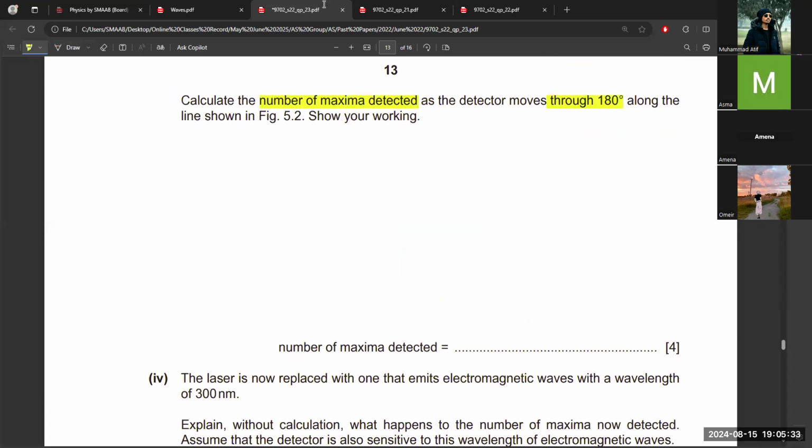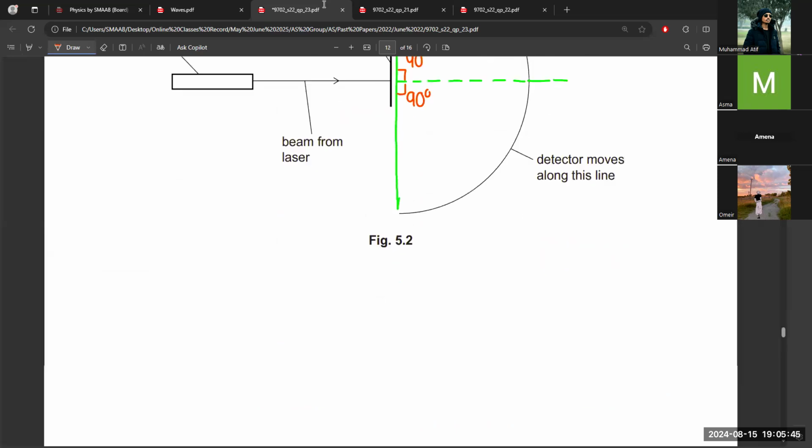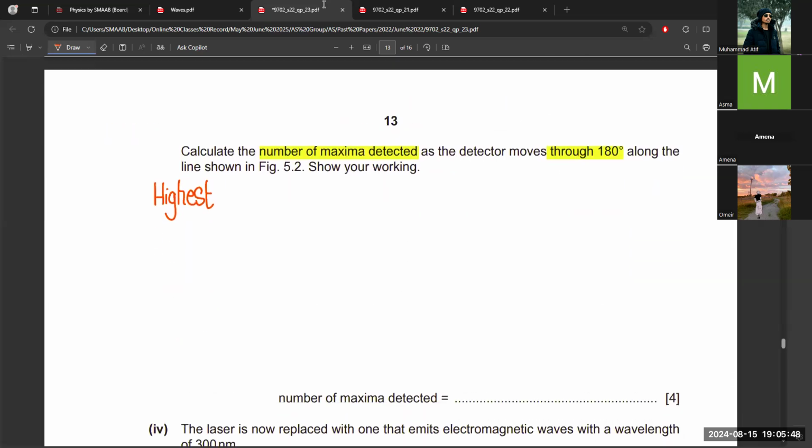So basically, if you remember, if we break that semicircle into two equal parts, 90 on one side, 90 on the other side, the highest possible value of the angle we are counting, because we need to know the order, is theta equals 90 degrees.